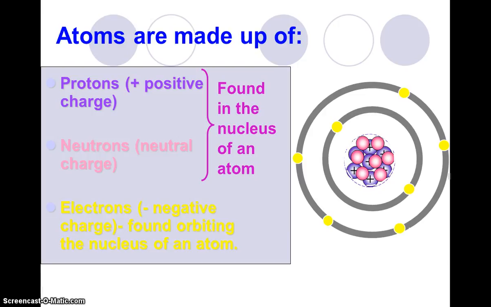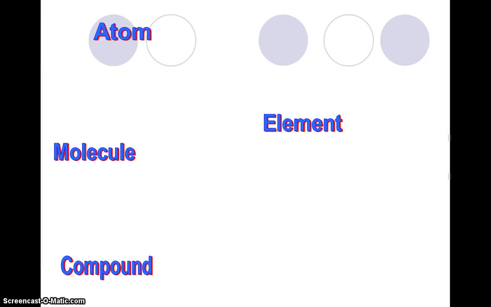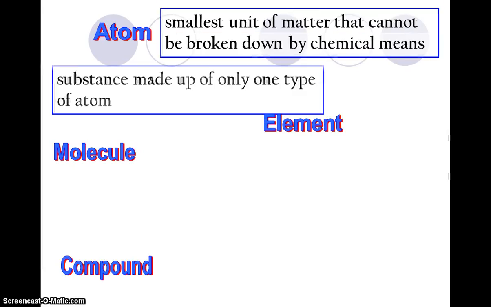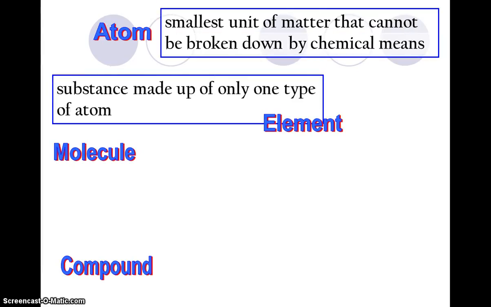So when you're looking at elements, say for example carbon, or phosphorus, or hydrogen, or helium, most of the mass of that particular element that's made of those atoms is going to come from the protons inside the nucleus. So atom's the smallest unit.